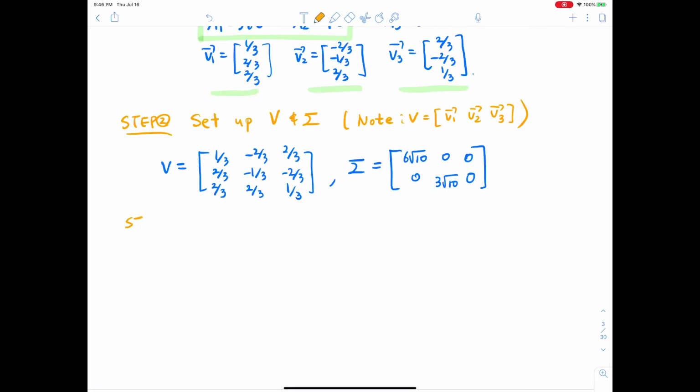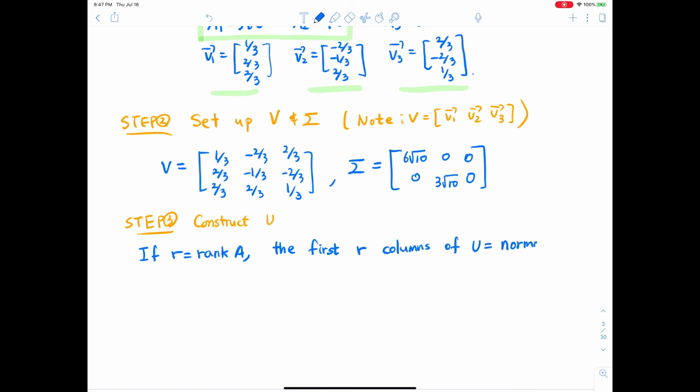And lastly, we build U by using the AVi's. So basically, if r is the rank of A, then the first r columns of U are given by the normalized vectors of AV1 through AVr.